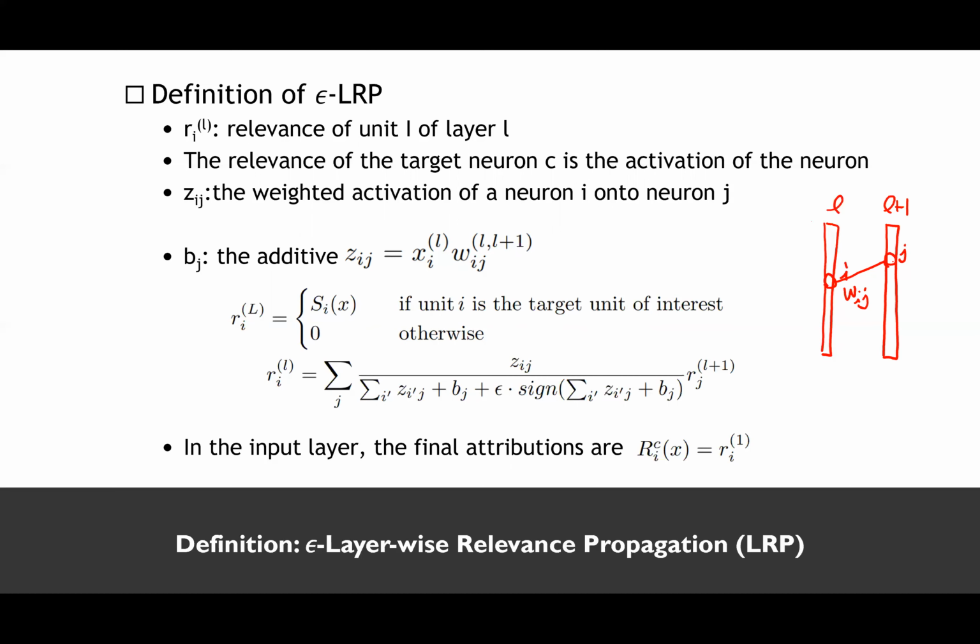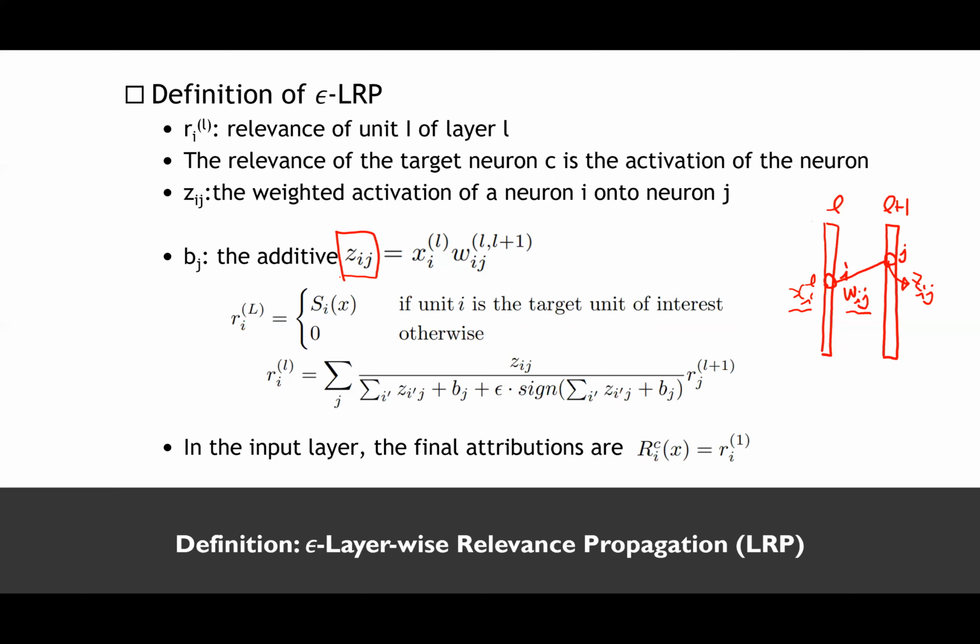The value here is x_i at layer L, and the value here is the multiplication of the value in node i and the weight, which is the value Z_ij. So we define Z_ij as this.